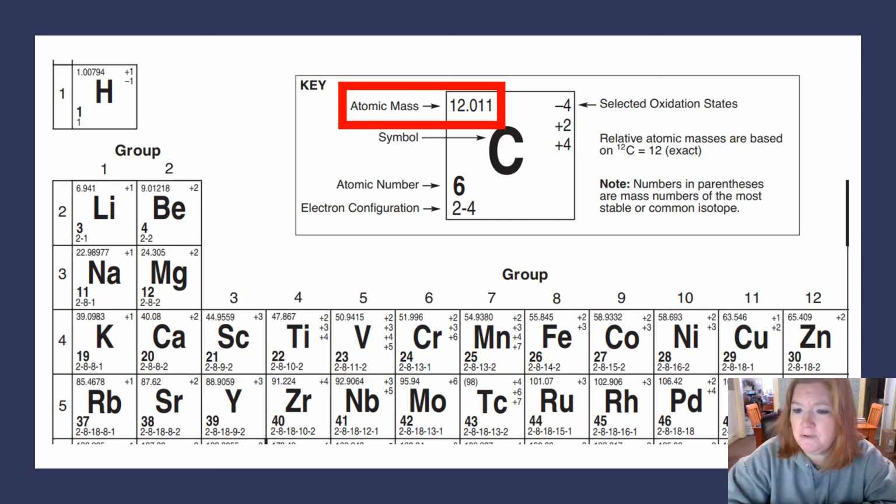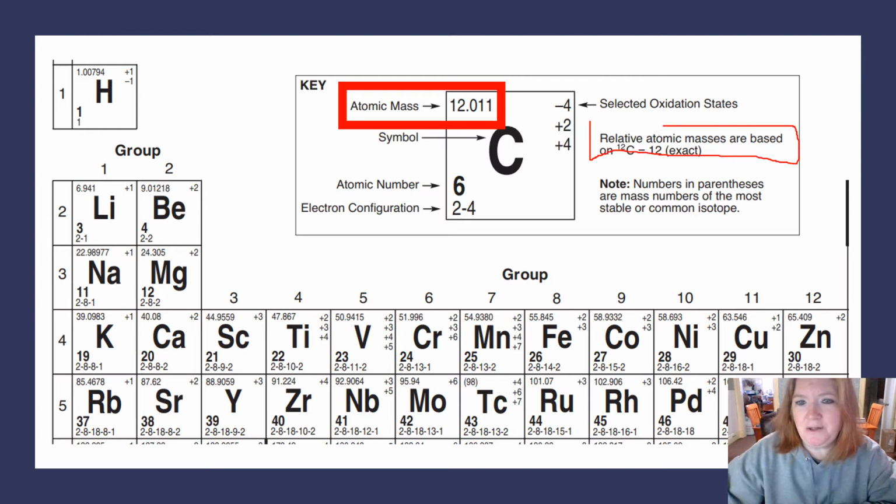And if you forget what element the entire periodic table is based on, it tells you right here, relative atomic masses are based on carbon-12. Also, carbon is the key, okay?